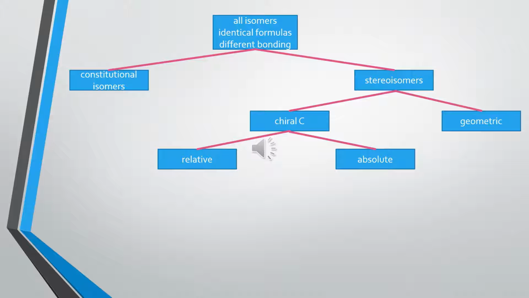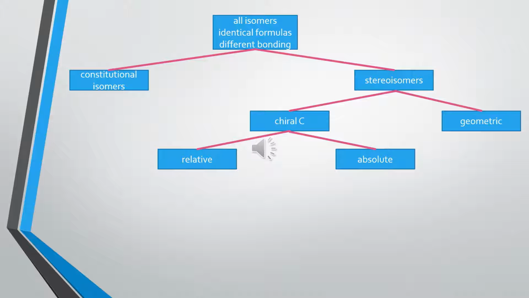So at the very top of this flow chart, we have all isomers. And keep in mind that when we refer to isomers, we're referring to a relationship between two or more molecules, right? You can't point to a compound and call it an isomer. That has no meaning. It's an isomer with respect to which other molecule or molecules, structure or structures.